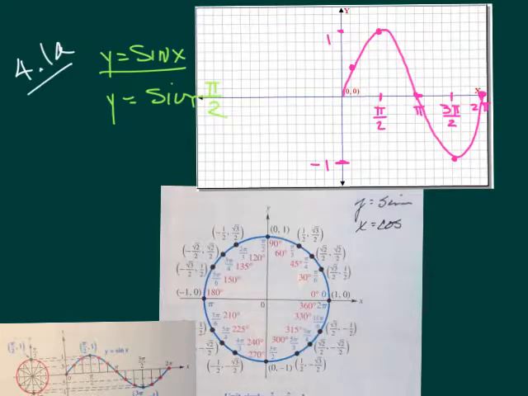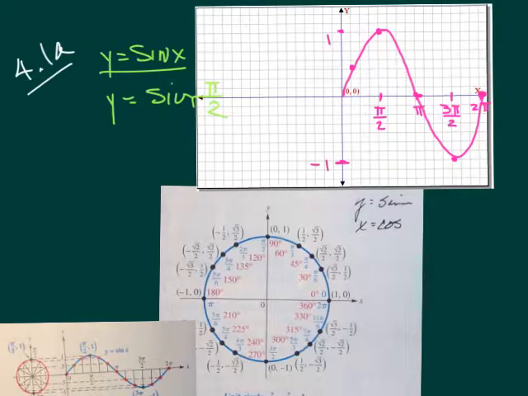So it'll be right there. If I put in an x value right here of, let's say, pi over 4, sine of pi over 4 will give me a y value of the square root of 2 over 2. And then I can graph that here. And if I do a whole bunch of points, I get a nice smooth curve of where this goes.